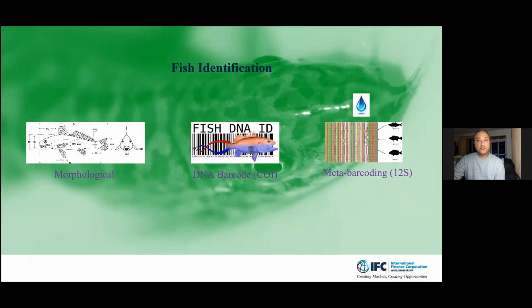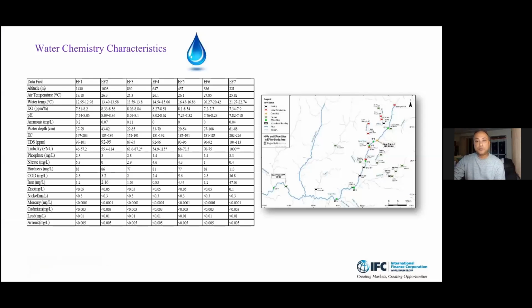So in terms of fish identification, we have voucher specimens with species verified by DNA barcoding, and we do metabarcoding for the environmental DNA assessment. We also have elaborate water quality information for the different sites.